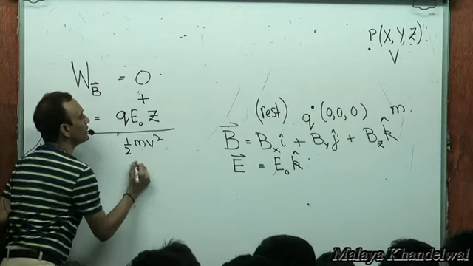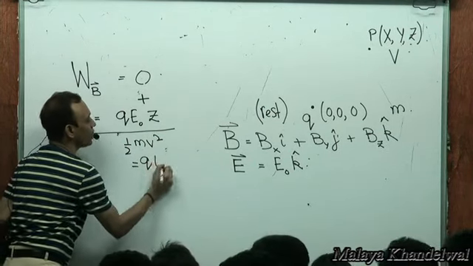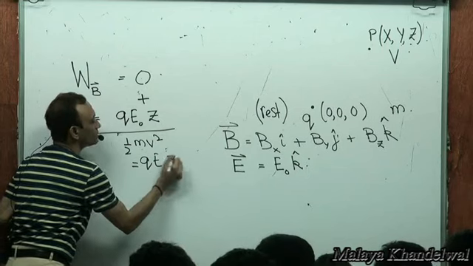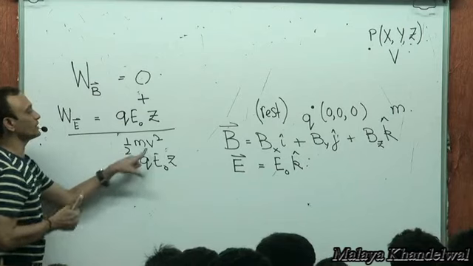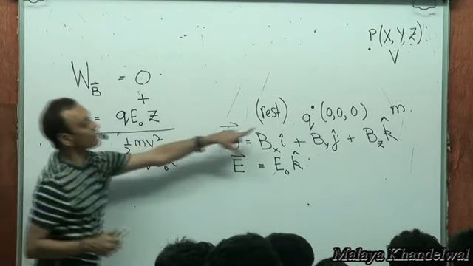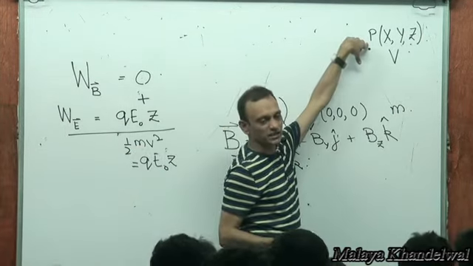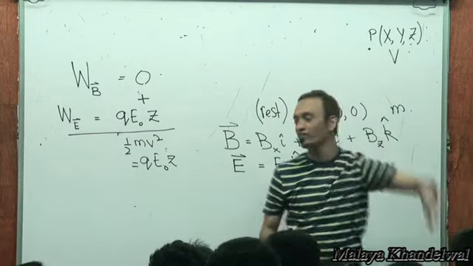So half mv squared must be q e naught z. That's the change of kinetic energy. Clear? So you can compute the speed. It starts from rest and it develops a speed v. So the change in kinetic energy is half mv squared.